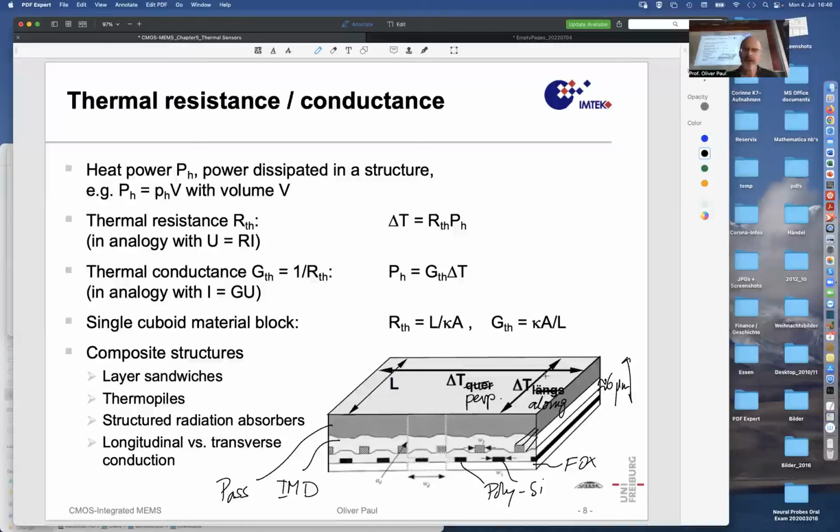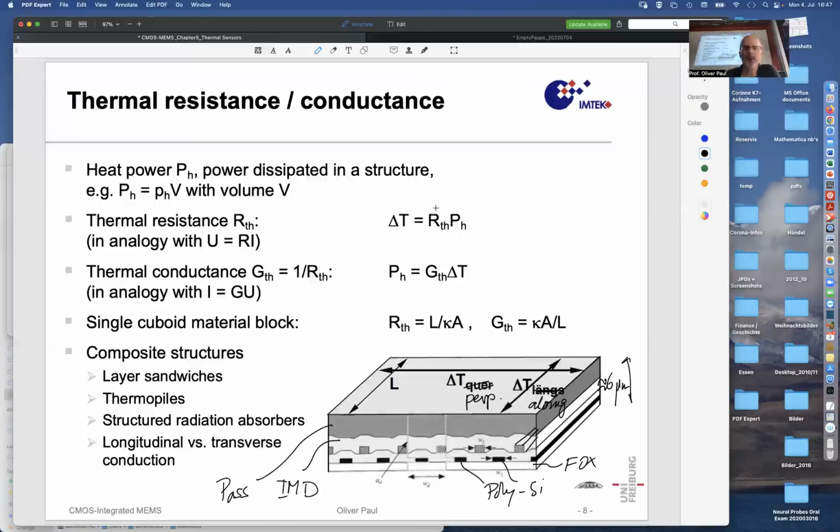So let's analyze the longitudinal case first. Now that's easier, because you see, if we have this delta T, we know that of course the power that is flowing along a structure, multiplied by the thermal resistance, gives the delta T needed to drive that, or corresponding to that heat power.